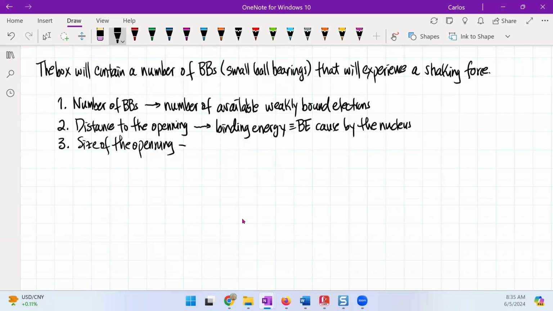And what this represents is the band gap, which is how electrons are transferred between atoms.